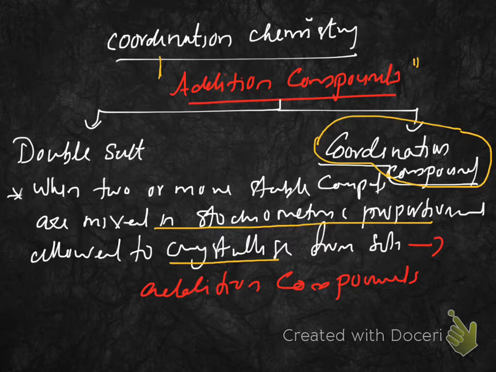They can be classified as double salts and coordination compounds. How can they be distinguished, or how do they differ from each other?